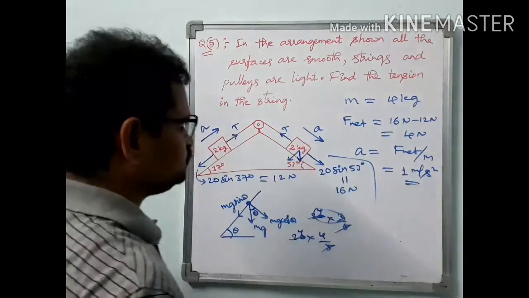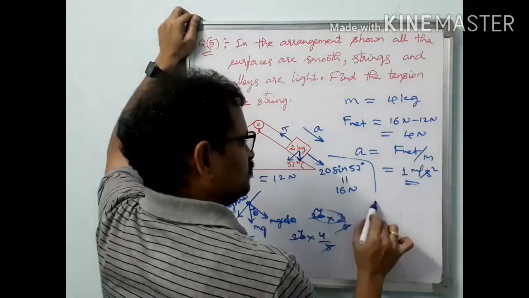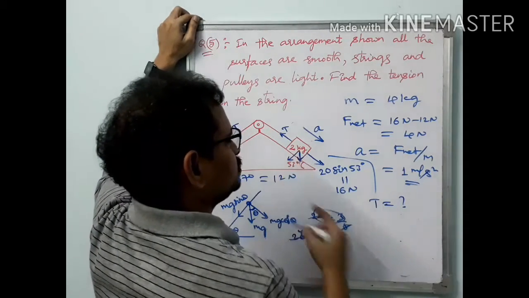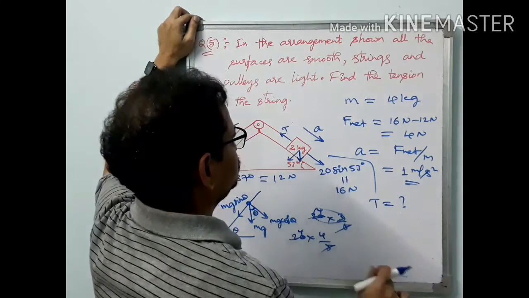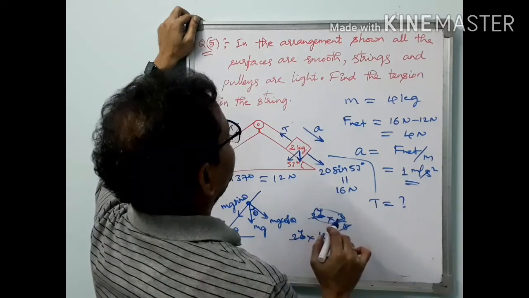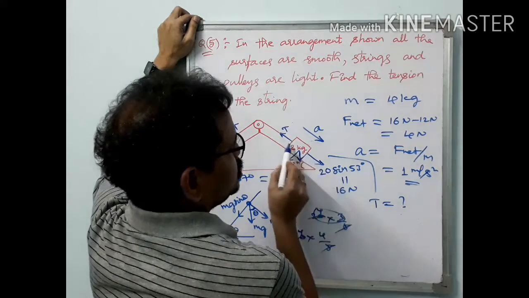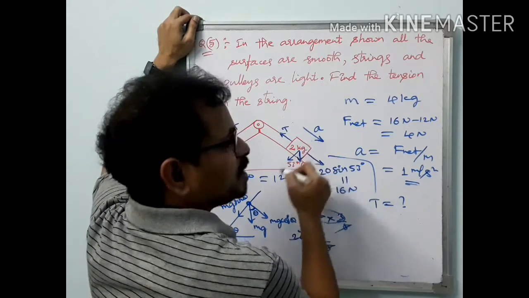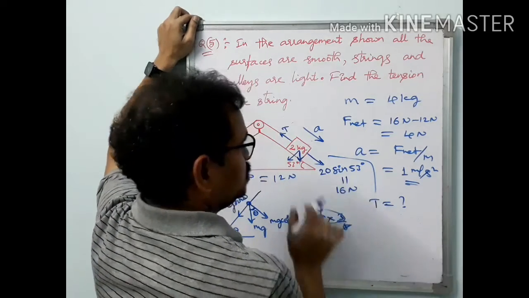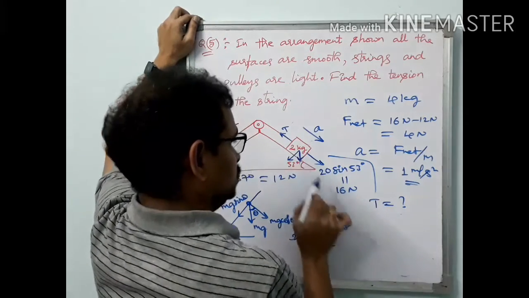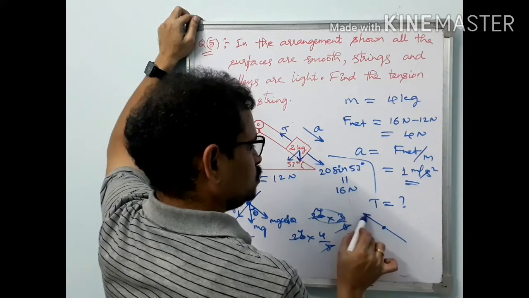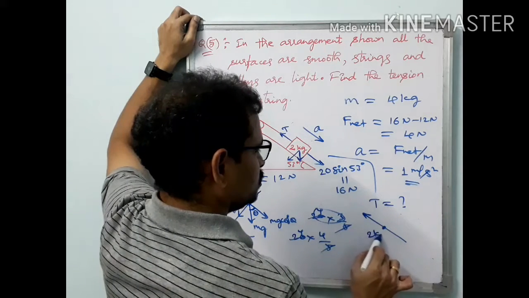Now what is tension? Now T equal to how much? Shall I take this one as FBD here? Yes. So we can consider two directions here. One is along the plane, the other is normal to the plane. Normal to the plane, it is not having any motion. It is having motion along the plane, no? So we have to consider these two forces here like this. So this is the 2 kg block.